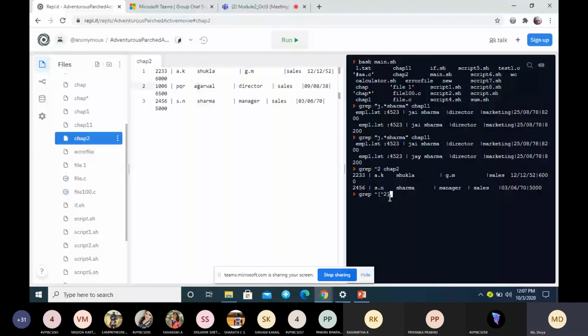So if we use two caret symbols like this, this will tell list all the lines but not beginning with 2.